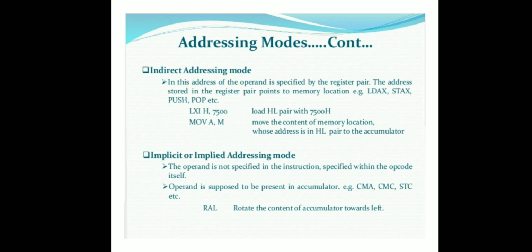Here the address of the data is stored in the HL pair, and the instruction MOV A, M is used to transfer indirectly the data of memory to the accumulator. That's why it is an indirect addressing mode.